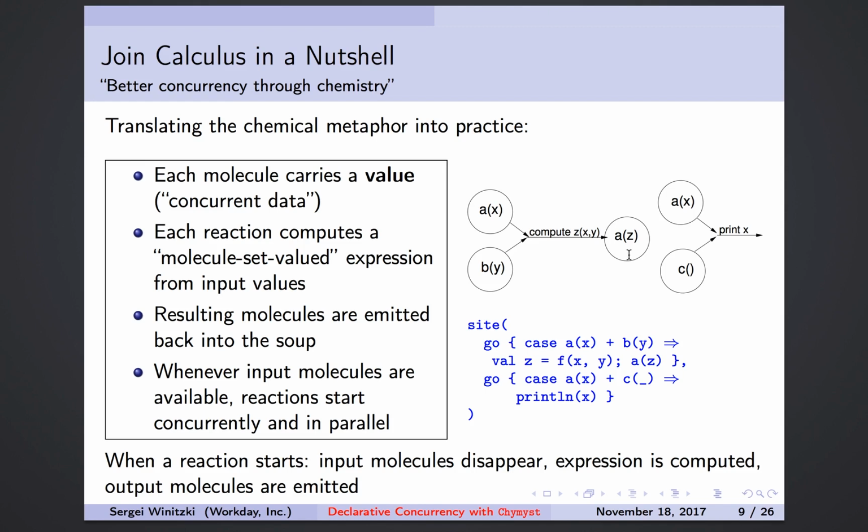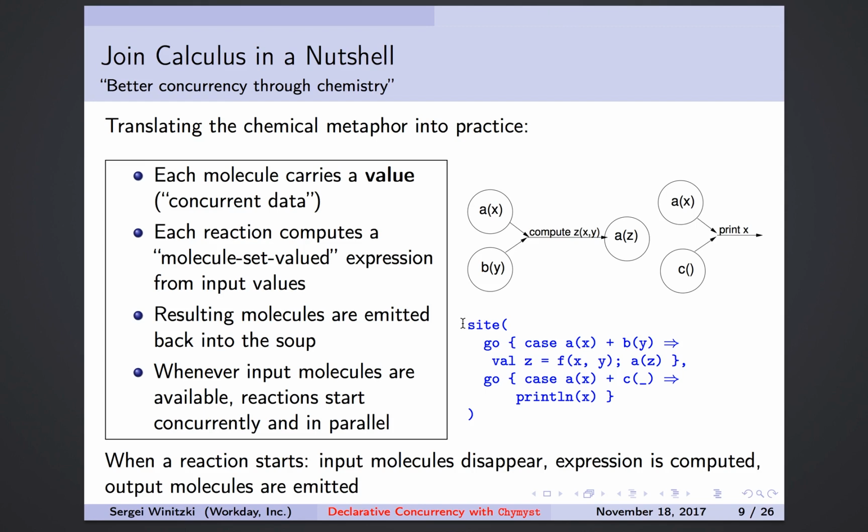All molecules must have a value on them. So naturally, it follows that a reaction should run some computation, should evaluate some expression so that Z can be computed, and X and Y can be used naturally as inputs to that computation. So a reaction carries a function that computes Z given X and Y.